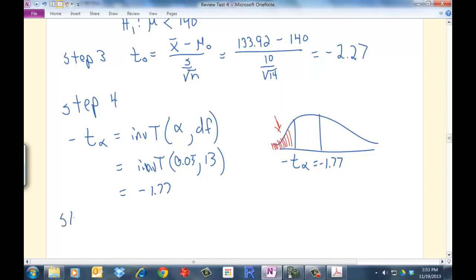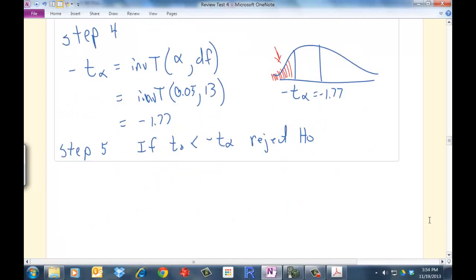And then step 5, we compare. If T0 is less than minus T alpha, reject H0. So let's do a quick comparison here.